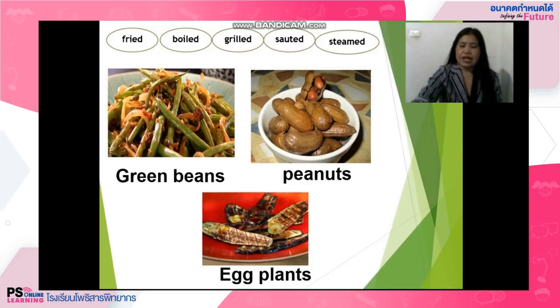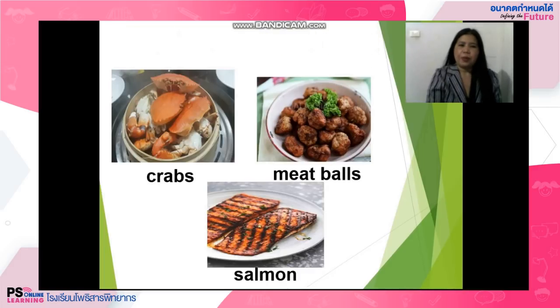Finished? Okay, last batch. So we have crabs again, meatballs, and salmon. Meatballs are from pork, or the meat of the pig, or they could be beef, or they could be chicken.